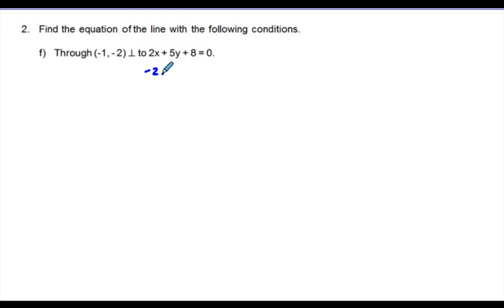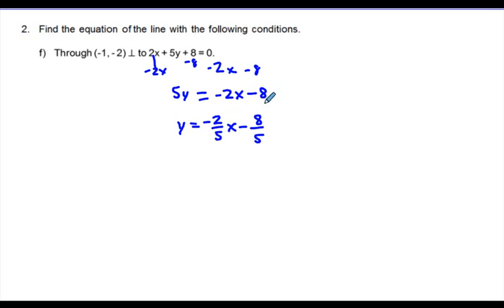Well, if we subtract 2x and also subtract 8, we're going to have 5y equals -2x minus 8, and we divide by 5, we're going to have y equals -2/5 x minus 8/5.